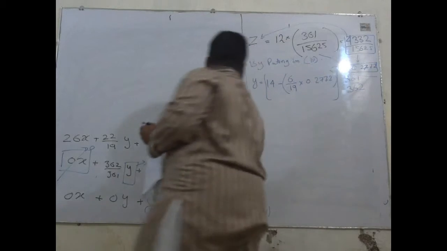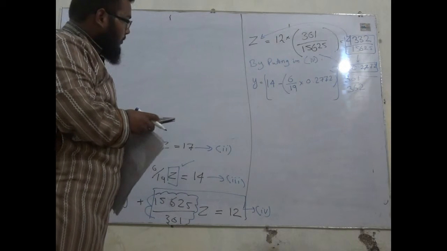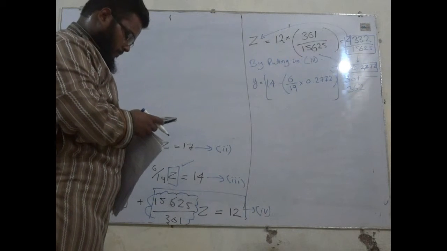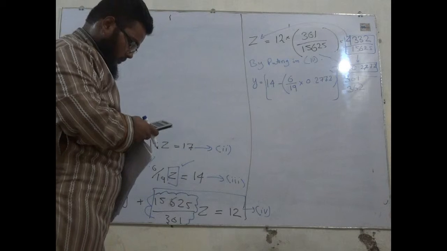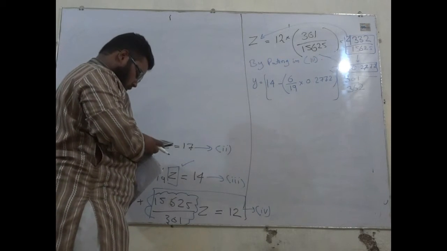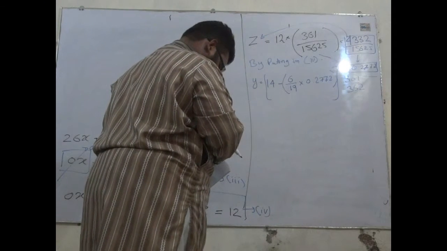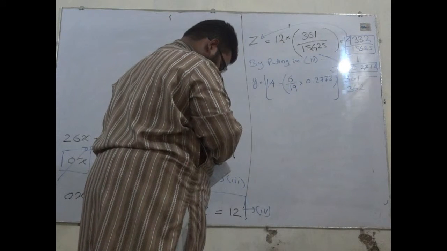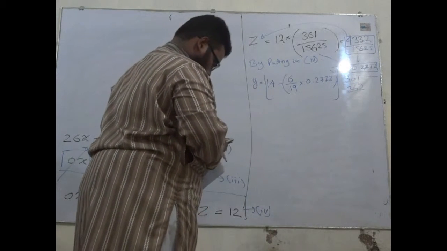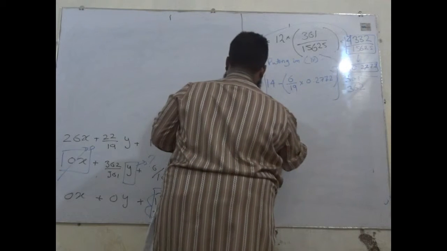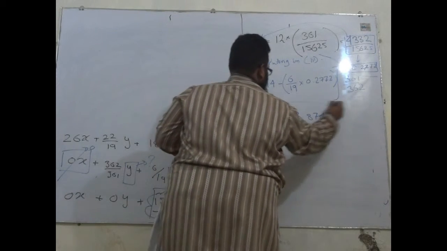Okay, now I can get the values of y, which is 14 minus 6 over 19 multiplied by the answer, divided by 361, multiplied by 361 over 362, which comes to y is equal to 13.874. Okay, this is the value of y.